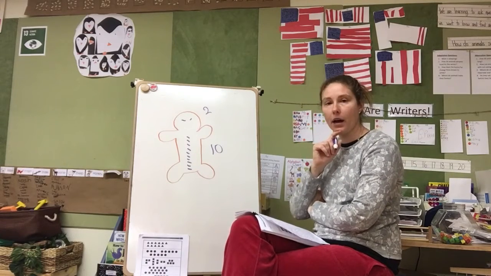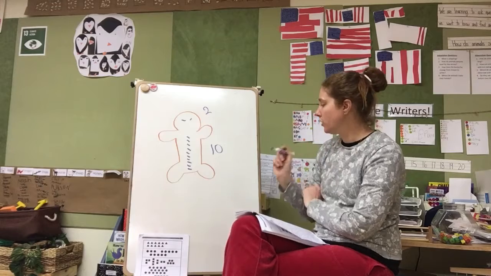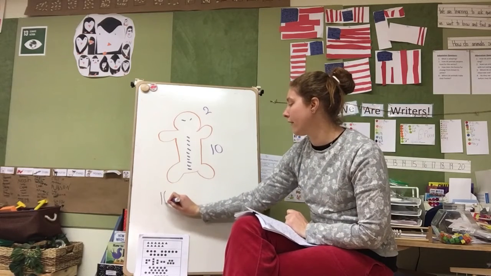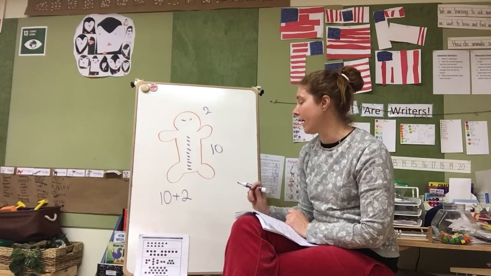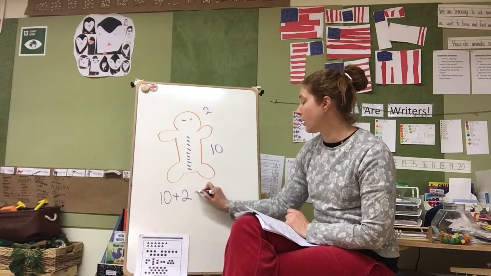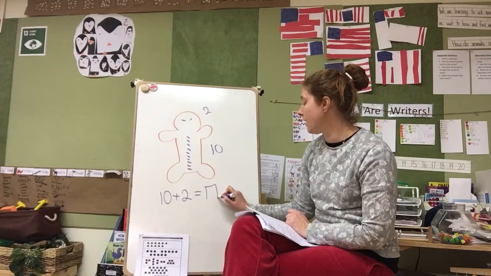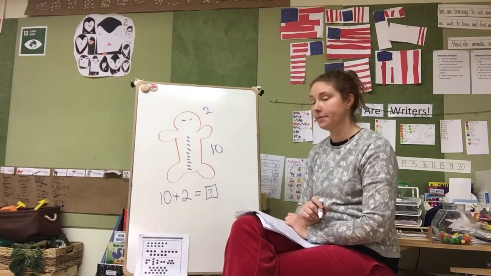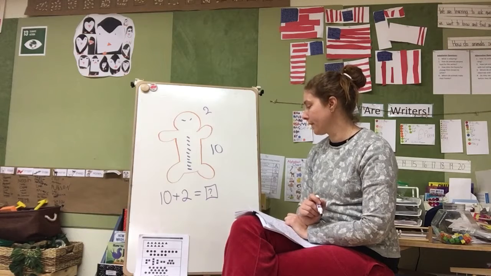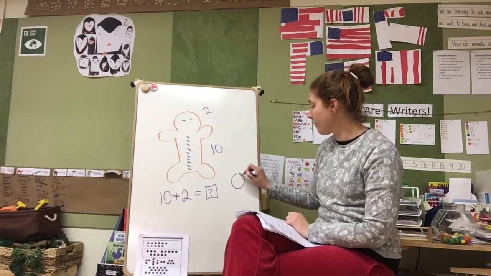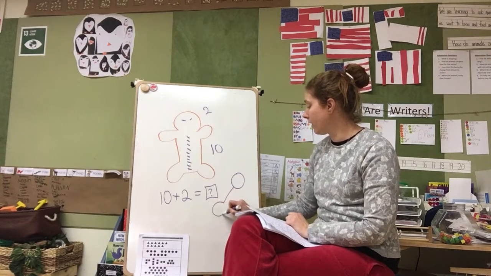Could we do a number bond or a math sentence for this? Sure. Let's practice both. We haven't practiced a math sentence yet this week. 10 sprinkle buttons plus 2 sprinkle eyes equals the mystery number. How can we figure out that mystery number? Let me get my number bond started.